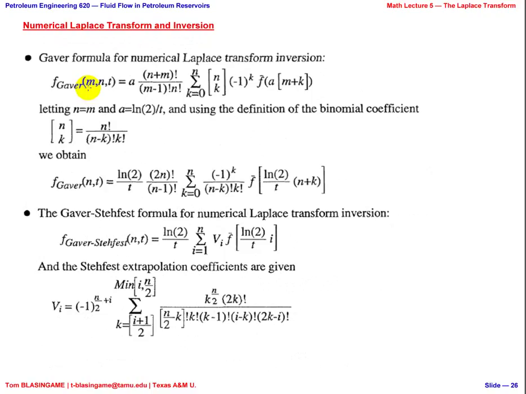We already agreed that, if you remember, the solution we had, p_D is equal to C1 e to the minus x_D square root of s, plus C2 e to the x_D square root of s, right? This is the general solution.